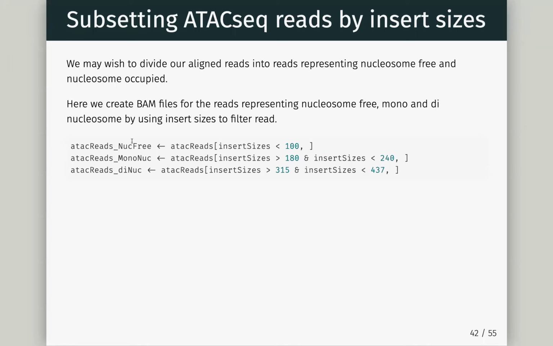But theoretically, you could now split it up by taking your paired GAlignmentPairs object and just subsetting it so that only the ones with insert sizes less than 100, we can consider them nucleosome-free signal. Those between the ranges dictated from Greenleaf will say mononuc, and those between these regions will be dinuc.